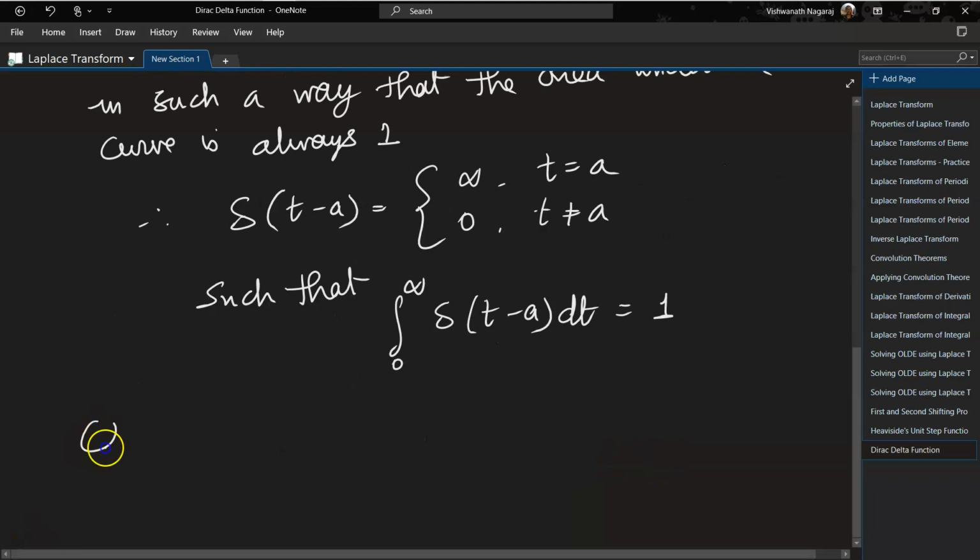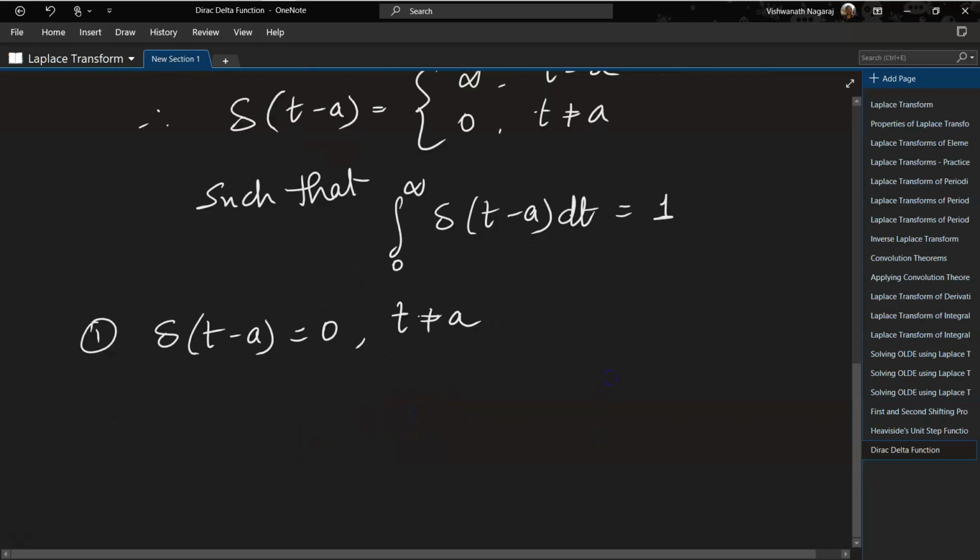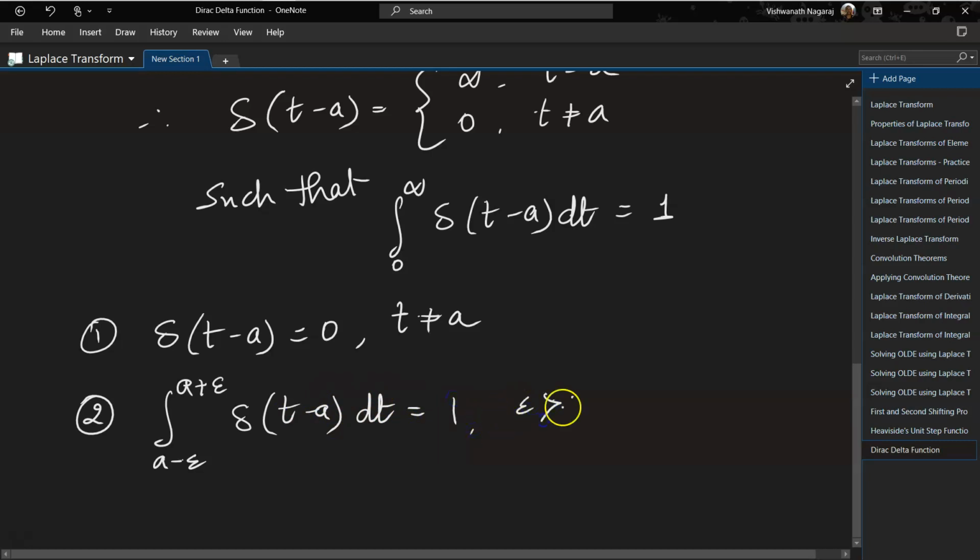Certain properties we can easily make out. First, delta of t minus a is equal to 0 when t is not equal to a. Second, the integral from a minus epsilon to a plus epsilon of delta of t minus a dt is equal to 1 for epsilon greater than 0.